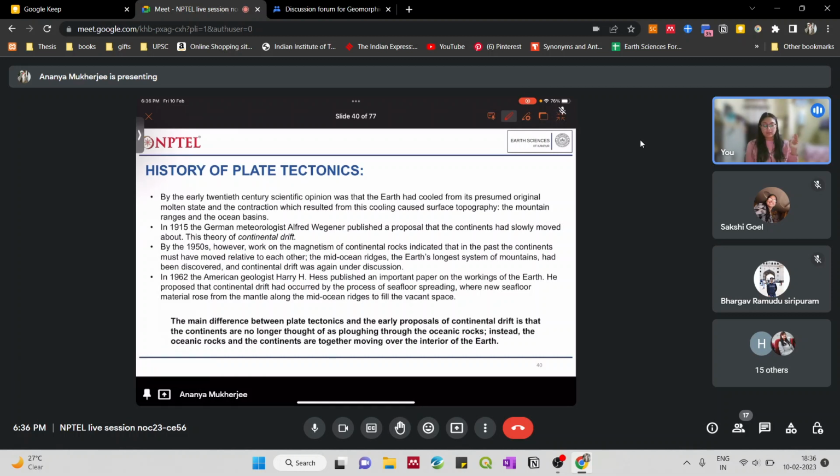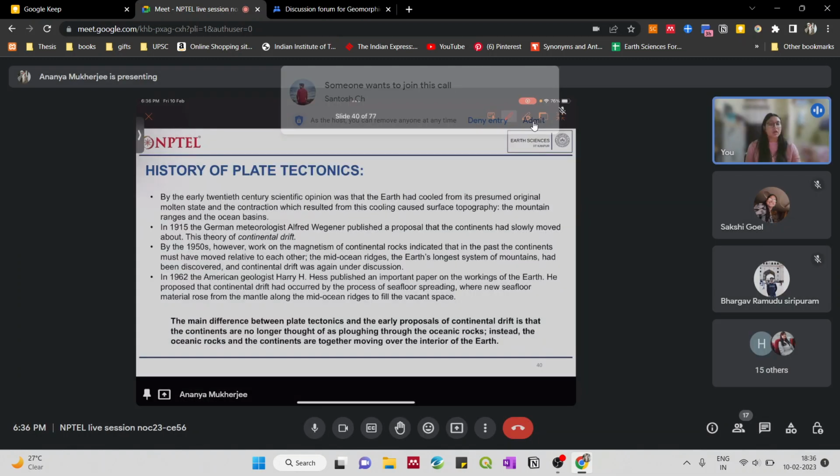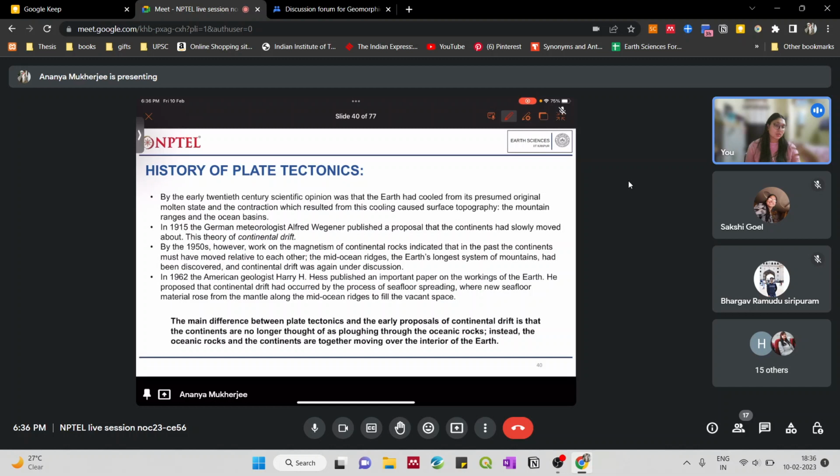So in 1950, work was happening on understanding the magnetic field and the magnetism that is found in the rocks that are found on the continents. That led to researching how the magnetism patterns are found, or magnetism is occurring in the ocean floor.